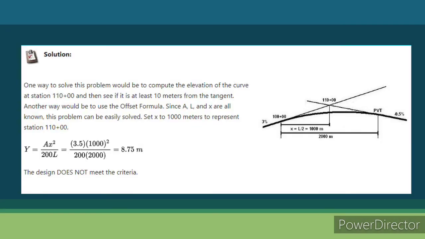As you can observe, the first grade of the problem is positive and the second grade is negative, so we can conclude that it is a crest vertical curve.